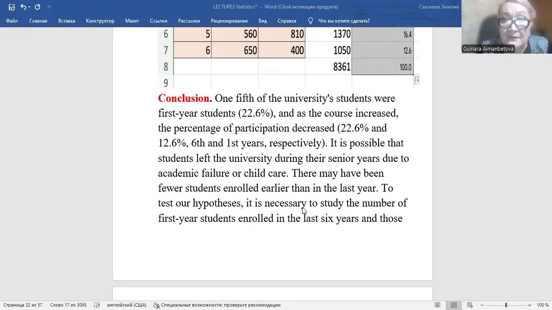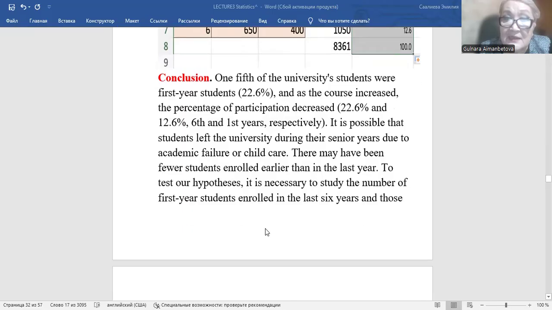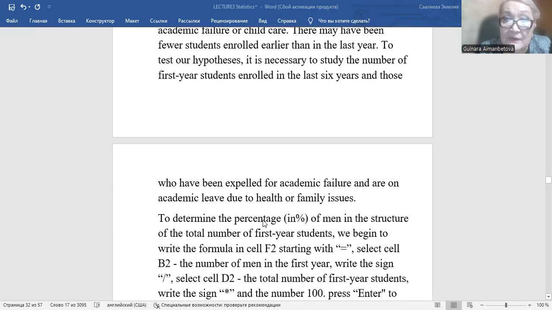They may have fewer students enrolled earlier than in the last year. To test our hypothesis, it is necessary to study the number of first-year students enrolled in the last 6 years and those who have been expelled for academic failure and are on academic leave due to health or family issues.